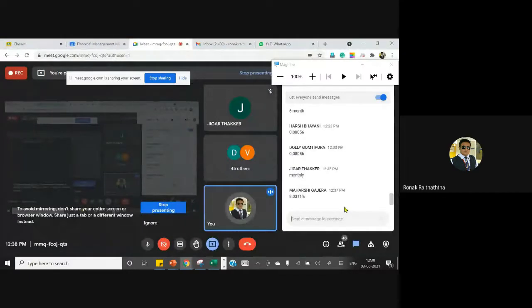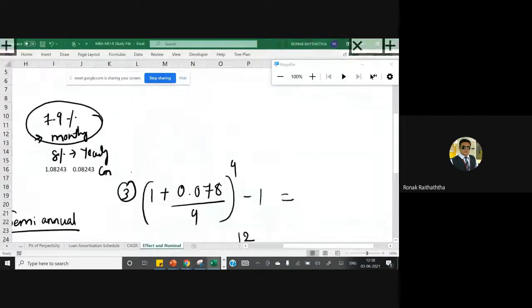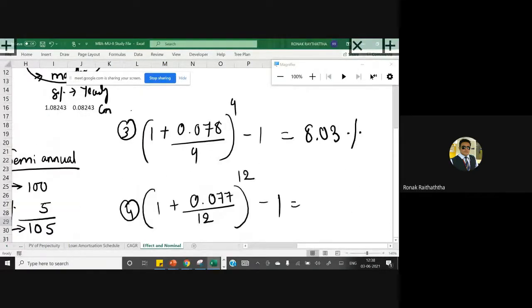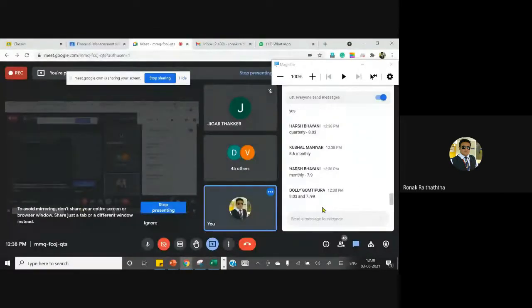Okay, Mr. Maharshi has got 8.03. That is for quarterly, Maharshi? Yes. Okay, Harsh has also got the same. So we have got the majority consensus, 8.03 percentage for this. And what is coming for monthly? Monthly 7.99. Okay, Harsh has got it. Dolly has got the same.